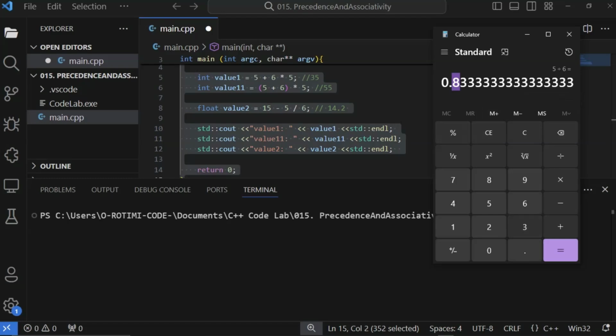So we have 0.8 and said 15 minus 0.8. It gives us 0. Or let's just try using 15 minus something else.